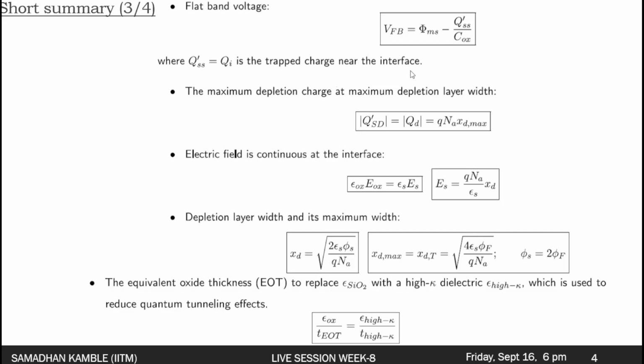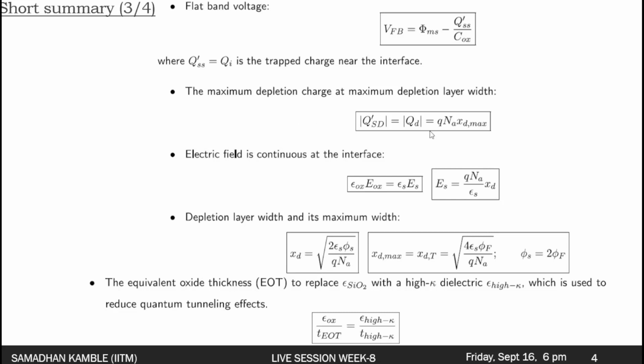We also saw in the previous week that we considered only the ideal MOS capacitance, but in the real world there are different non-idealities that take place, one of them being the trapped charges near the interface.